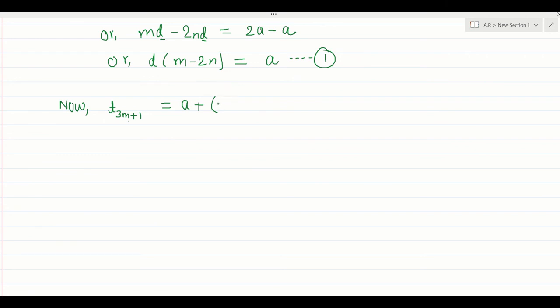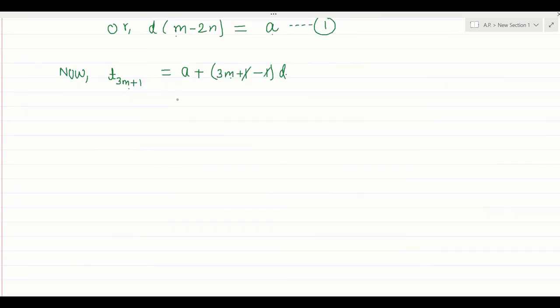So it is 3m plus 1 minus 1 D. Let's simplify this one. Equal to A plus 3mD.